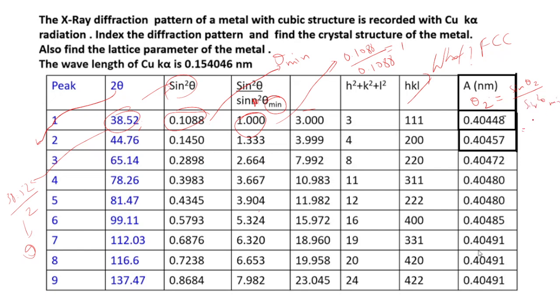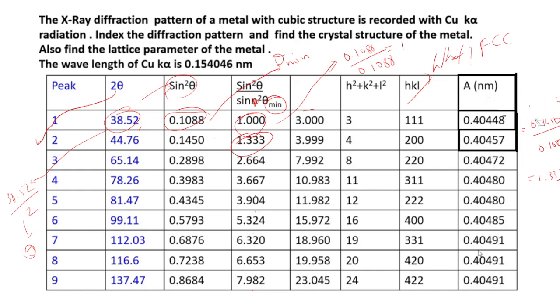That is 0.1450 divided by 0.1088, which will give me 1.333, which is this particular answer. So you got how this particular table is formed, right? Sine square theta divided by sine square theta min.